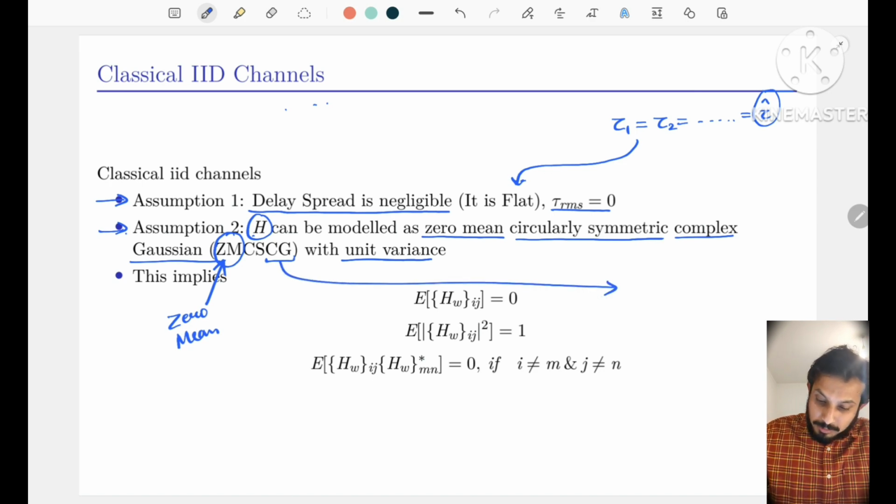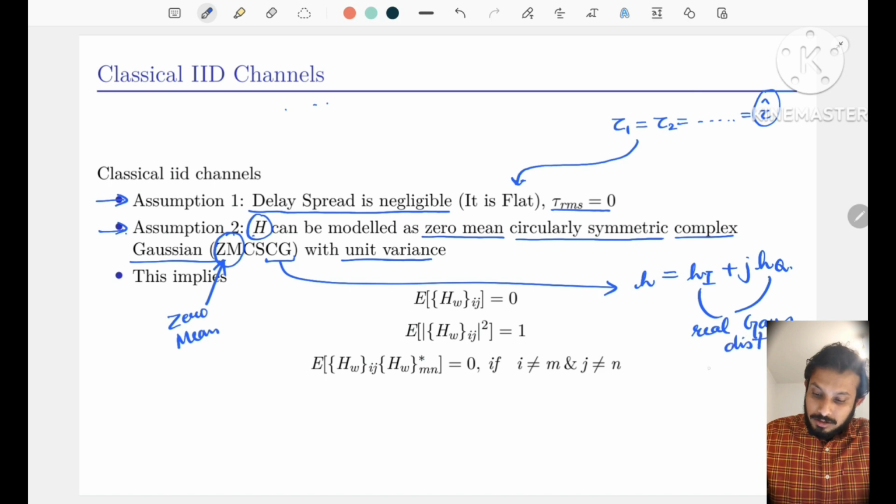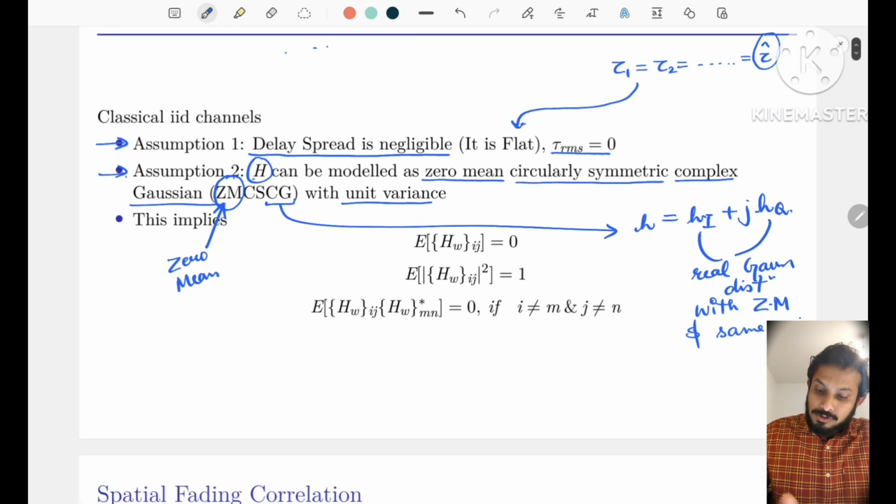Complex Gaussian means that every element can be represented in the form HI plus j HQ, where HI and HQ are real Gaussian distributed with zero mean and the same variance.